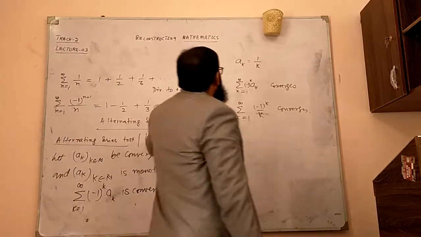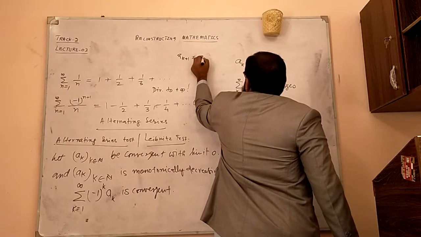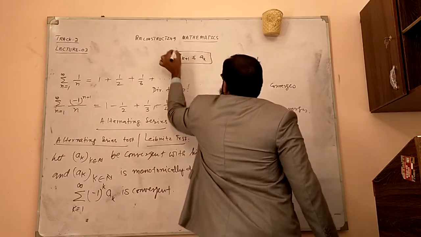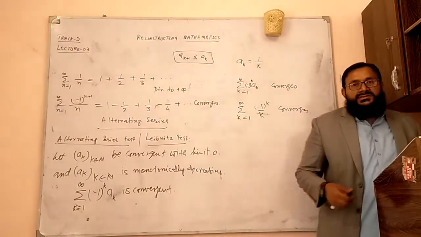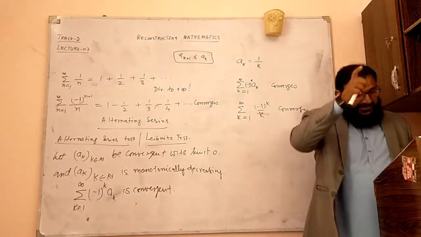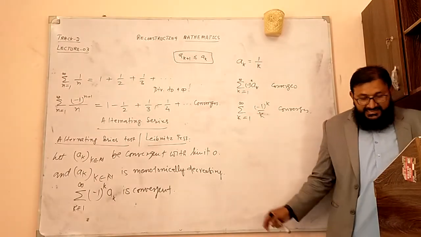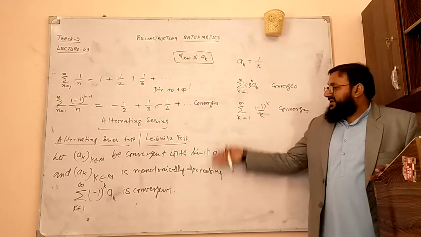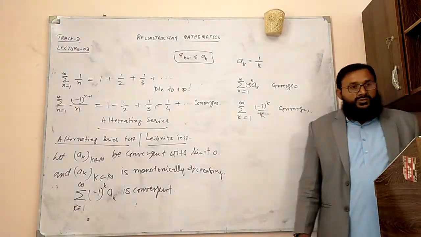And what is the condition for monotonically decreasing? Every next term is less than or equal to the previous term. So this is what we call the alternating series test. If this criteria is satisfied, we say that this particular series is convergent.